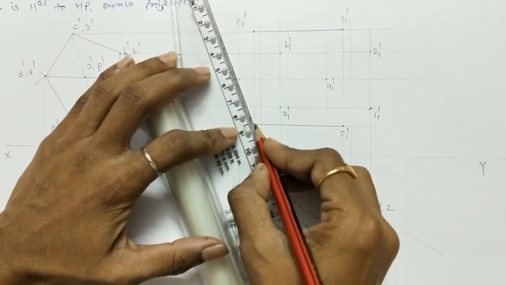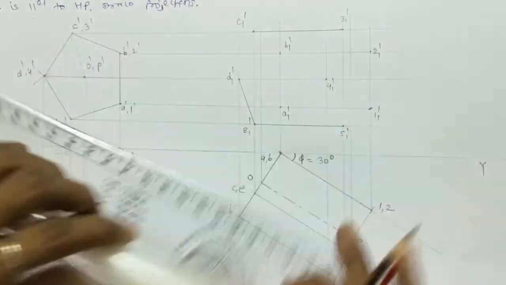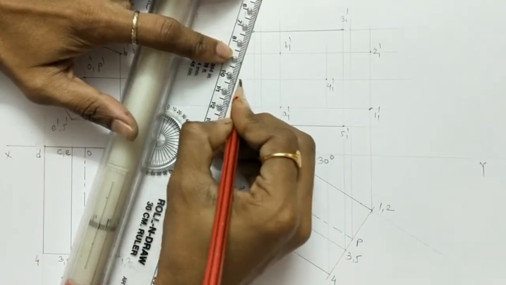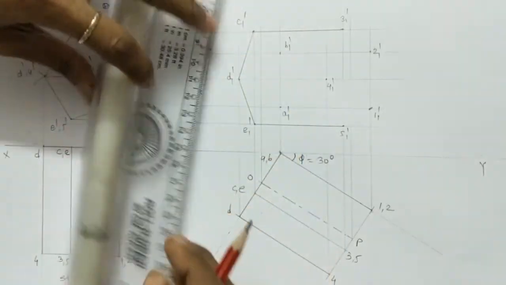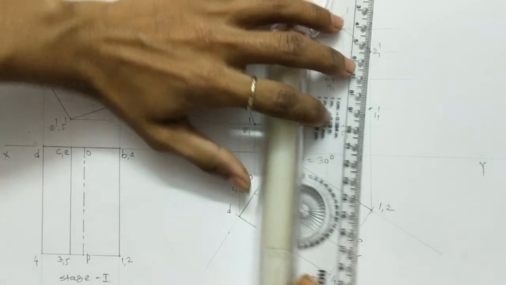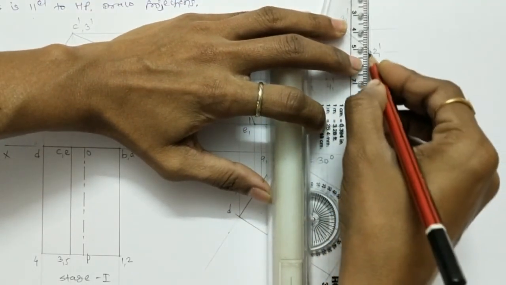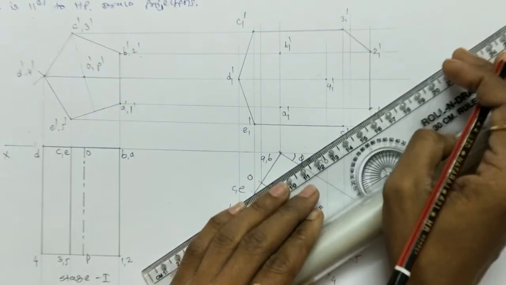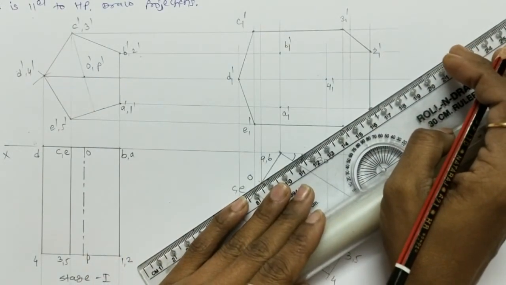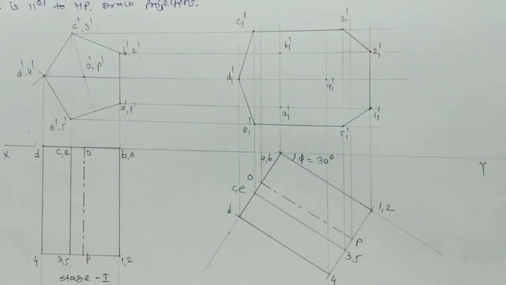Join first all outer points. So we have joined all outer points.